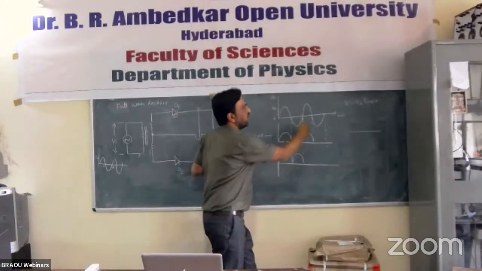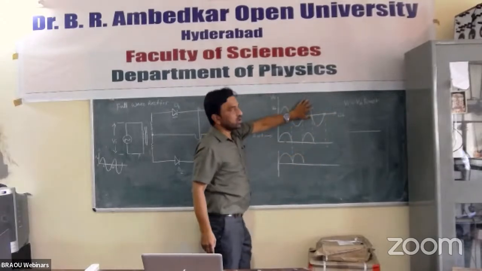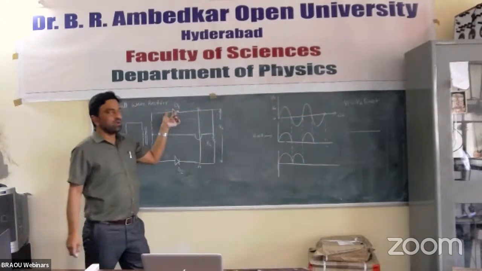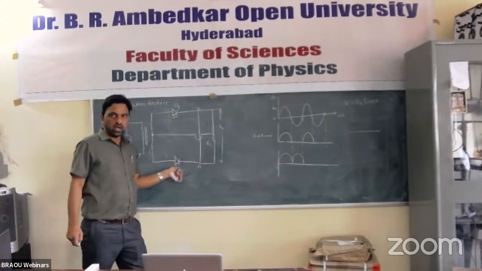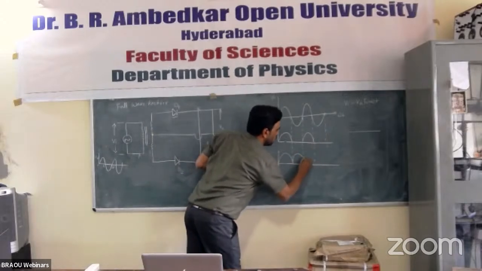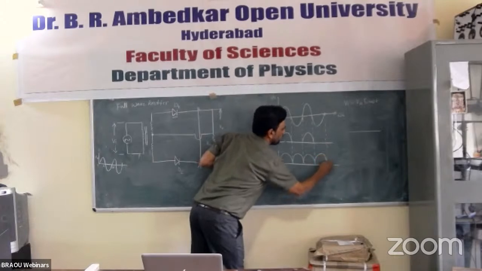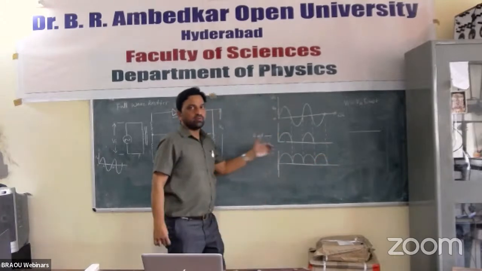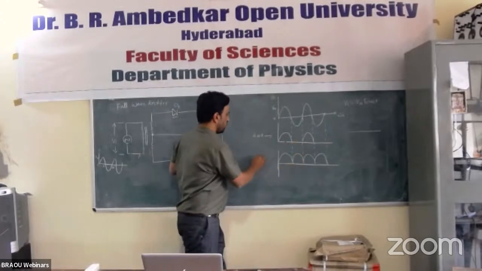Again, the next cycle is going to come. Same thing. During the positive half cycle, diode D1 conducts, during the negative half cycle, diode D2 conducts. Therefore, this part is going to be here. So whatever we are missing in the half wave rectifier, we are going to get in the full wave rectifier.